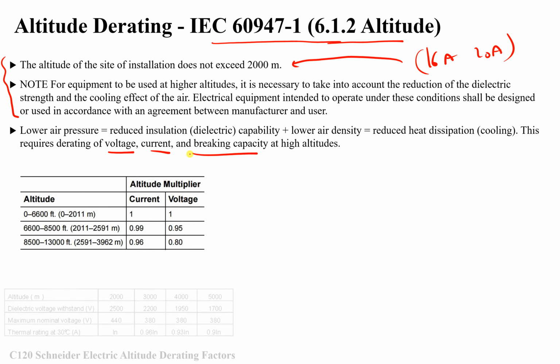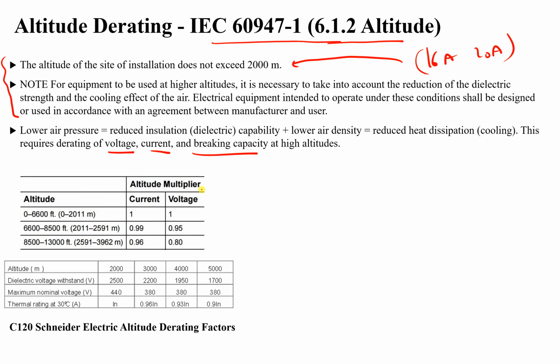So here is an example from Schneider Electric, from the website itself, specifically for this circuit breaker, the C120. You can see that here they give you the range from 0 to 2000 meters. The current and voltage will be exactly the same. However, if it is between these two ranges, you have to derate the current and the operating voltage or maximum voltage.